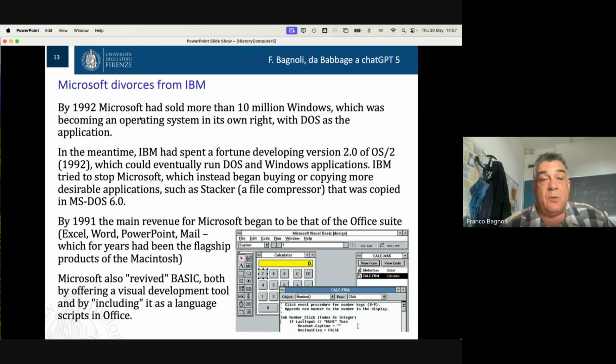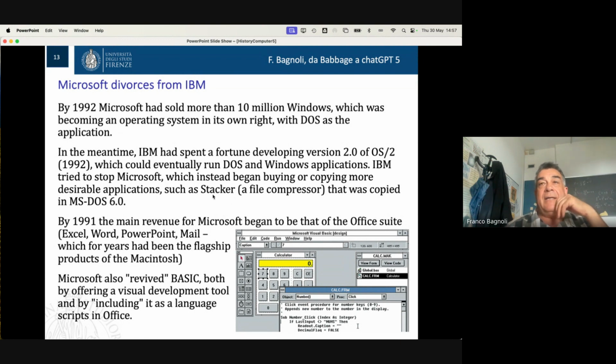So Microsoft developed OS2 with IBM, but in the meanwhile was developing Windows, which in the end was sold independently of IBM.